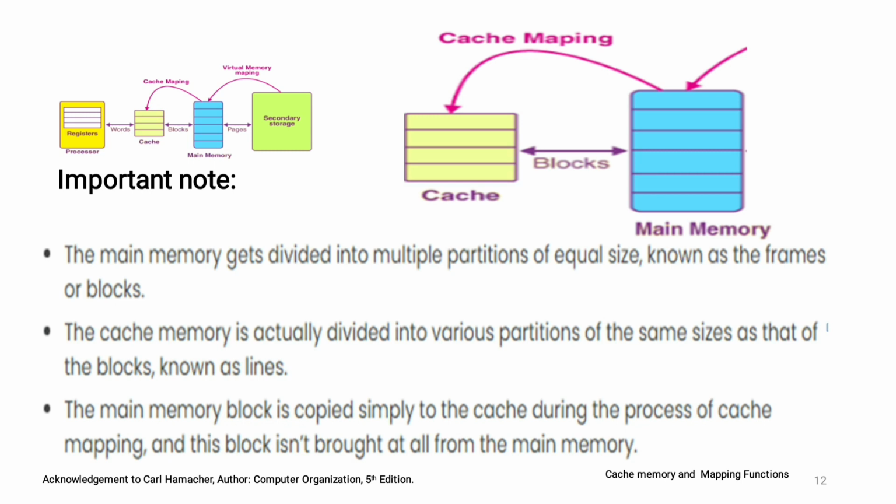During cache mapping, the main memory block is simply copied to the cache, so for the user it looks as though the data comes from cache to the processor, because it has already been copied from main memory to cache.